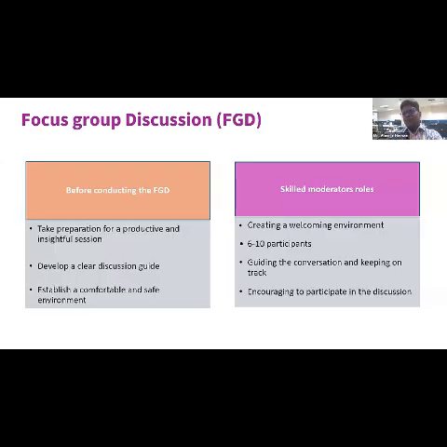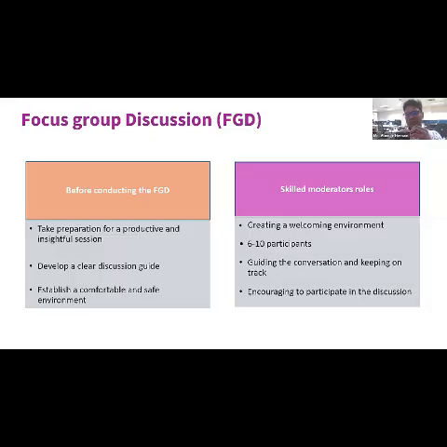And before conducting the FGD, the researcher needs to prepare for a productive and insightful session.